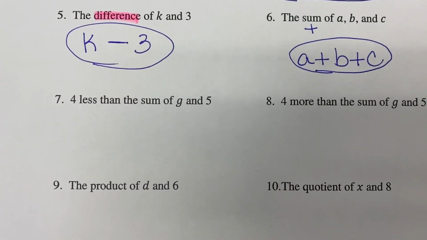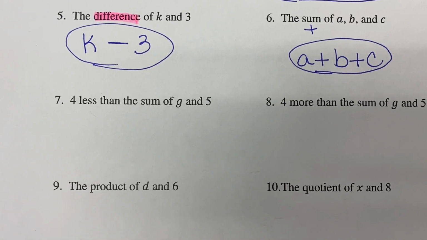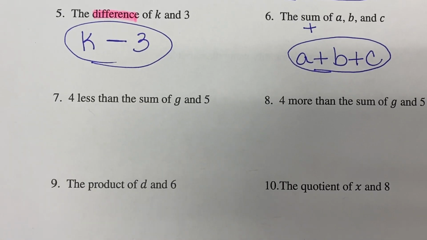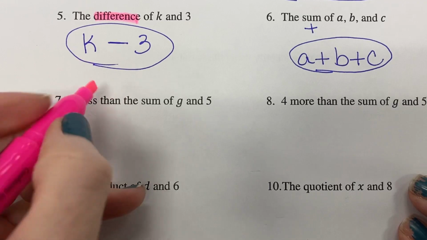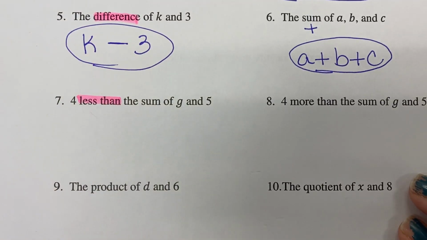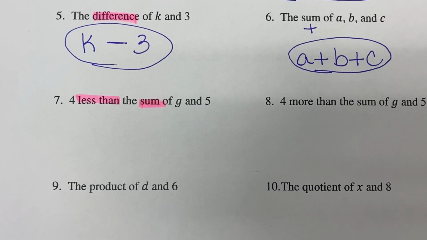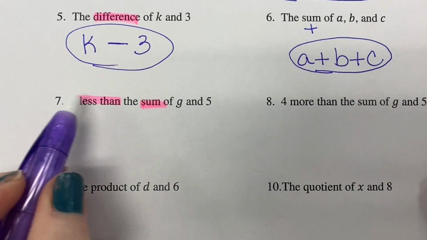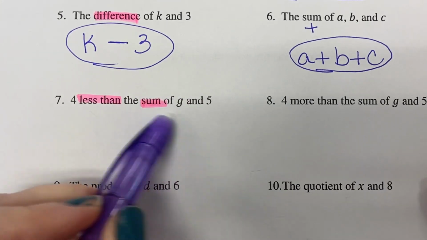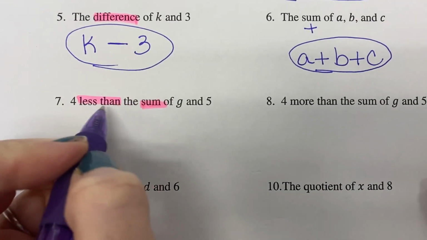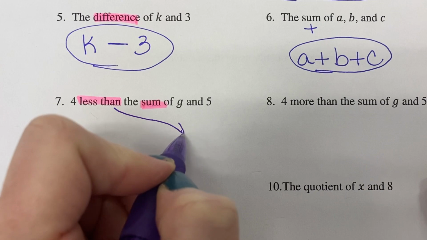Okay, number 7. 4 less than the sum of G and 5. So we're taking 4 away from this sum. So again, remember less than, it crisscrosses.